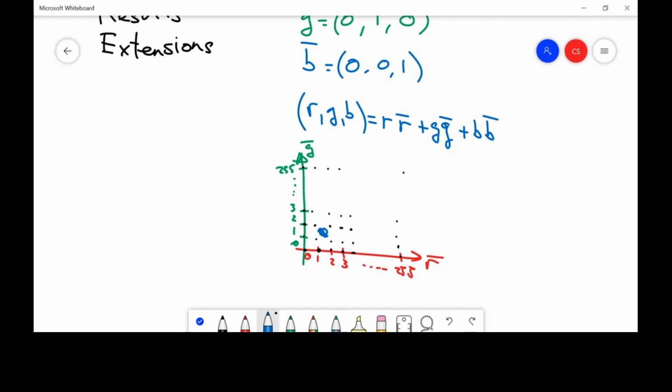So my space is actually discretized. We are in some three-dimensional space, but we have a regular lattice in that space. This is true if RGB belongs to the set 0, 1, 2, up to 255. If they are real numbers, I can represent absolutely anything in between, even negative numbers and so on. Okay, good.